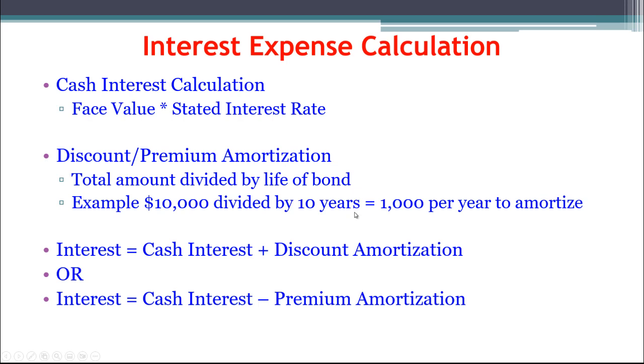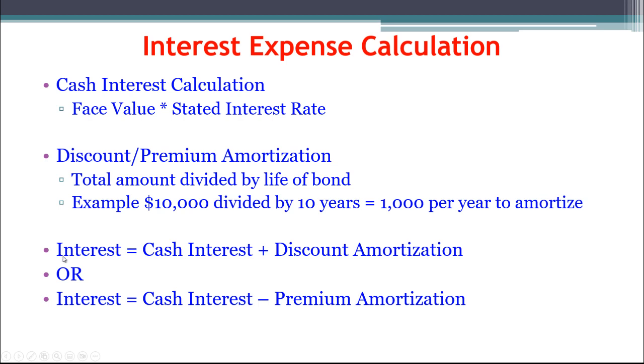But I do want to say here, many bonds are semi-annual, twice a year, every 6 months. In that situation, if you had a 10-year bond that was semi-annual, you would actually need to divide this by 20 periods to get the amount per 6-month period to amortize. So just keep that in mind as well.